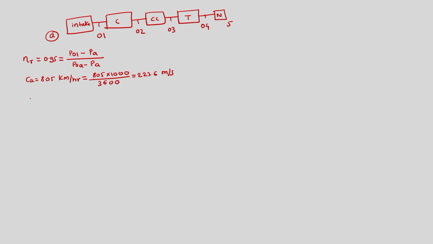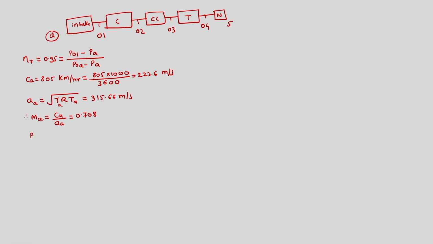Knowing this, we know acoustic speed in ambient condition is the square root of gamma R T, where this is atmospheric, and we have atmospheric air. So, gamma is 1.4 and R is 287, Ta is given, and that Ta value is 248. Putting these values, we will get acoustic speed as 315.66 meter per second. So Mach number is Ca upon aa, and we get Mach number as 0.708.